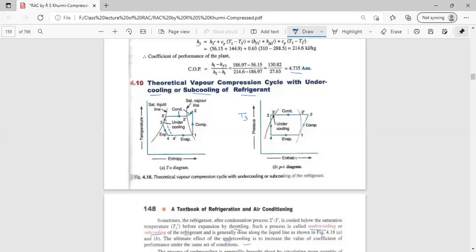Here, more heat is released from 2 dash to 3, and thus the expansion process will take place, and the refrigerant will reach 4 instead of 4 dash itself. So the evaporator line is increased from 1 to 4 dash, to 1 to 4, for this type of subcooling effect itself.